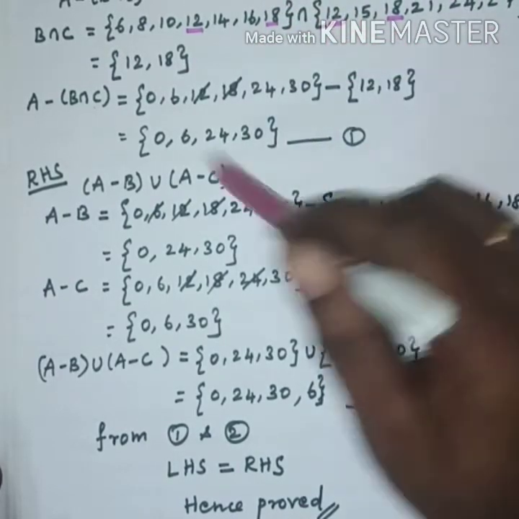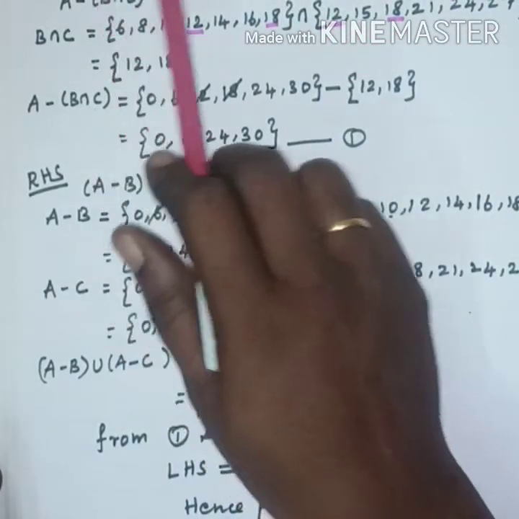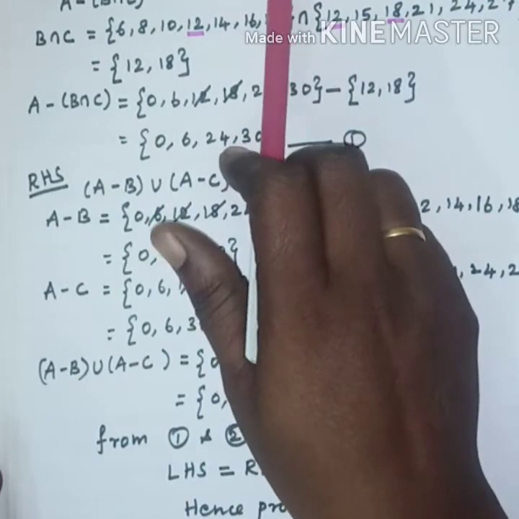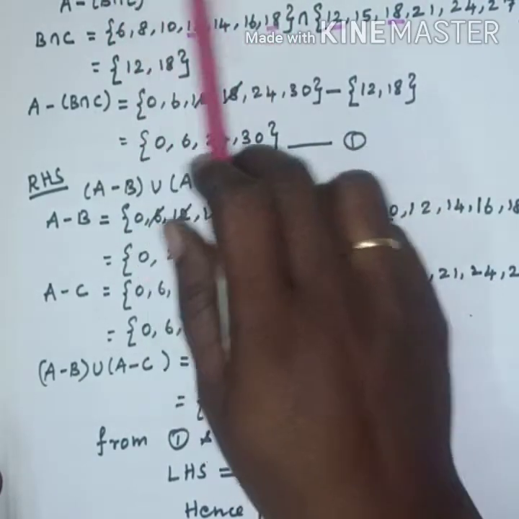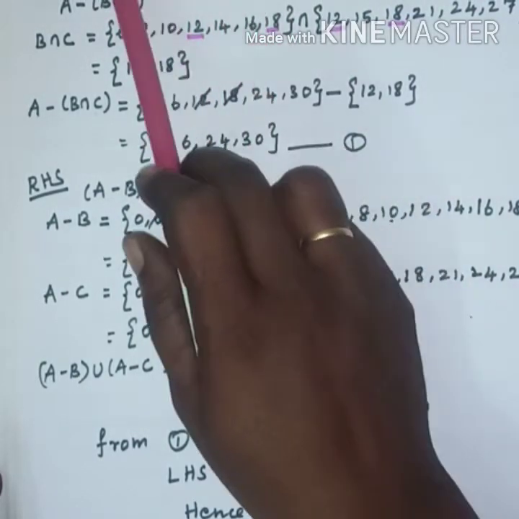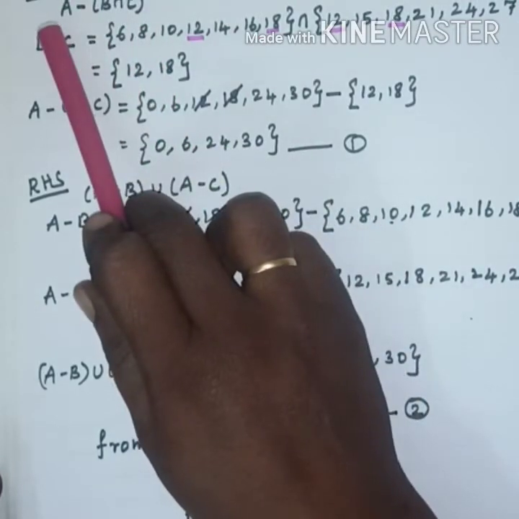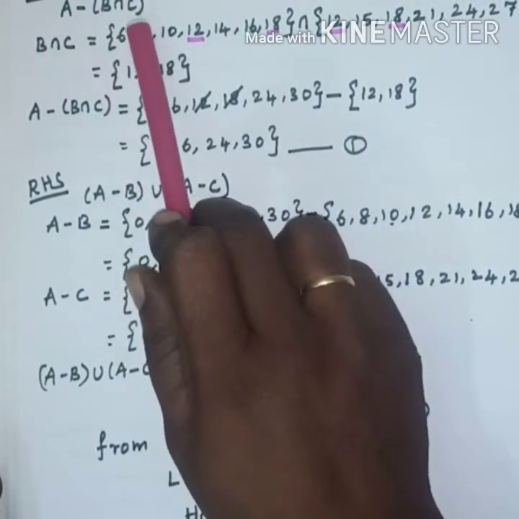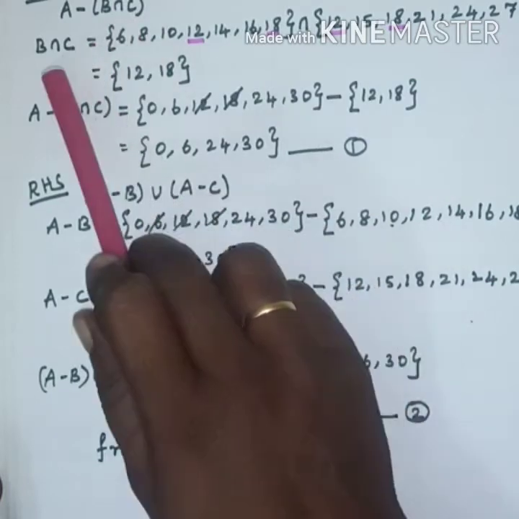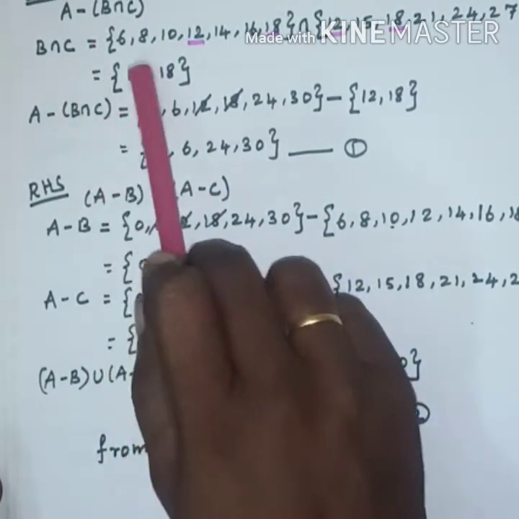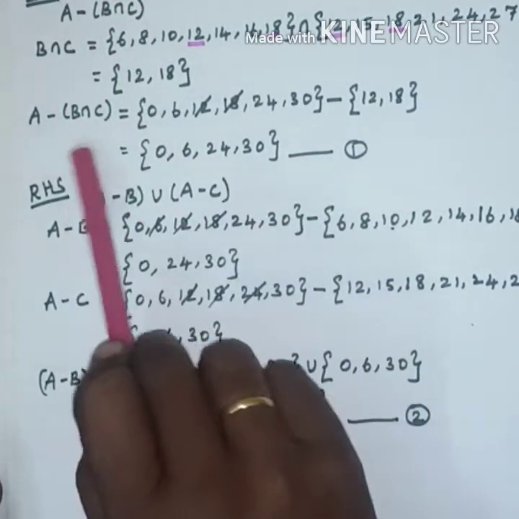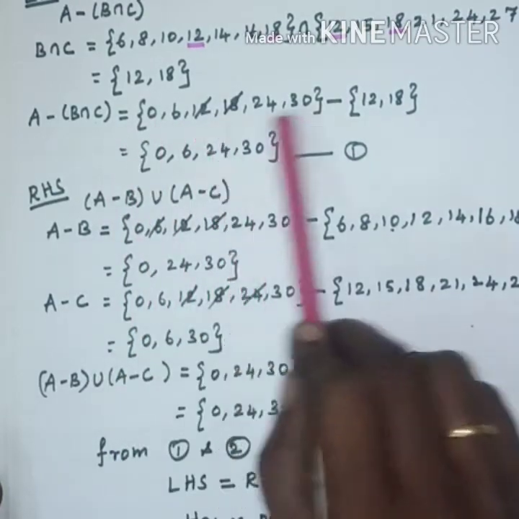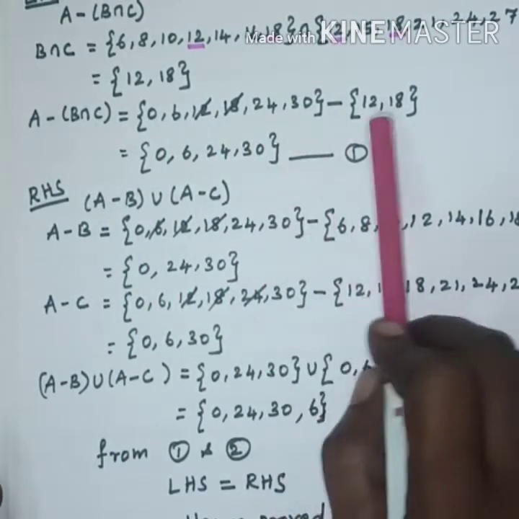Now you have to check whether the left hand side is equal to the right hand side. You have to check these two answers are equal. So first you should take the left hand side, A difference B intersection C. First identify the elements in the bracket and then take the left hand side fully. So here the difference symbol is given in between the sets.